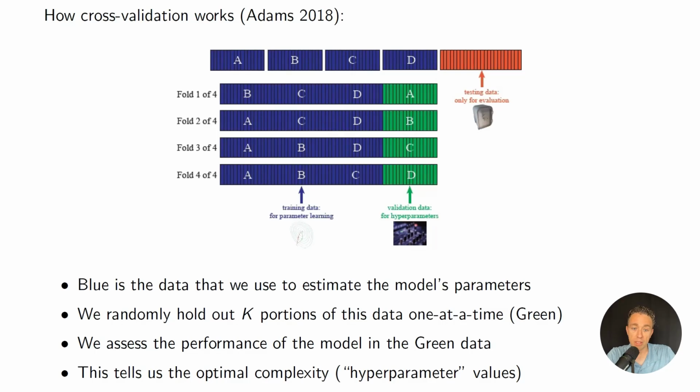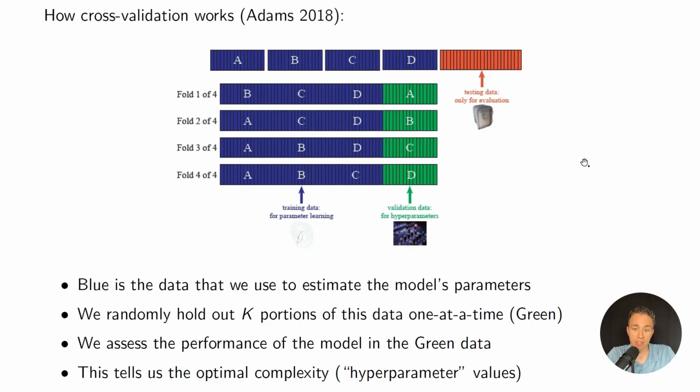And so we can repeat this 4-fold process for all the different values of this hyperparameter that's going to govern a wide range of model complexity. And then from there, we can see, well, which one was the best performance in this validation set? That's what I'm going to choose for my optimal complexity. And then that's what I'm going to take into the test set when it's go time.